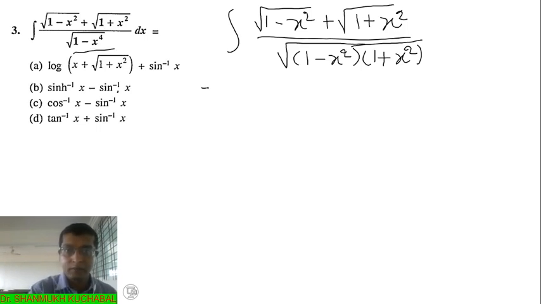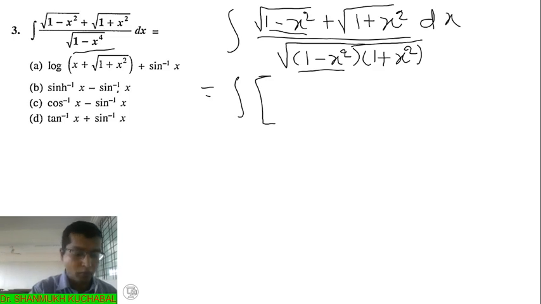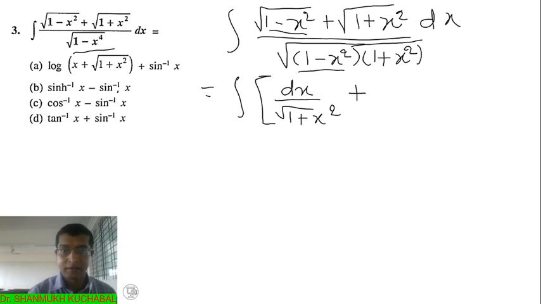So now we have to do the first term divided by the denominator: 1 minus x square and 1 minus x square get cancelled. We get dx divided by the square root of 1 plus x square. So further I can write a plus.